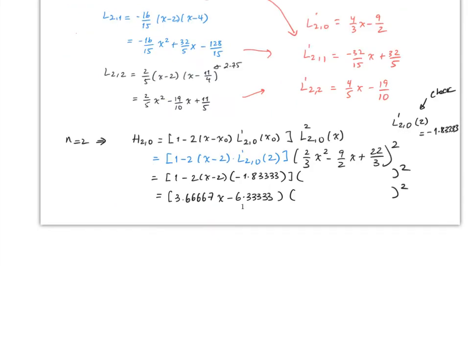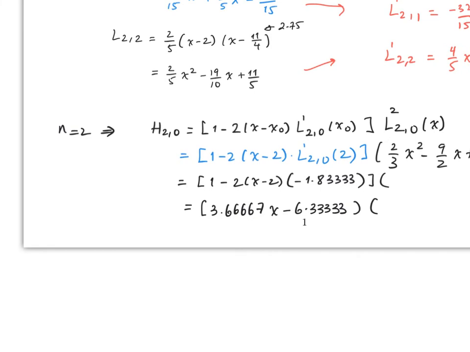Now, just like in the previous sections, we will be interested in finding how much H20 is when evaluated at 3. Therefore, you plug in 3 in here, 3 in here, and so forth.